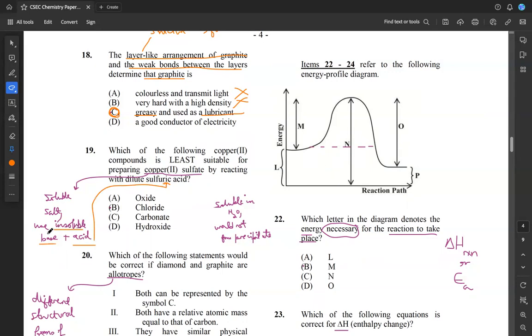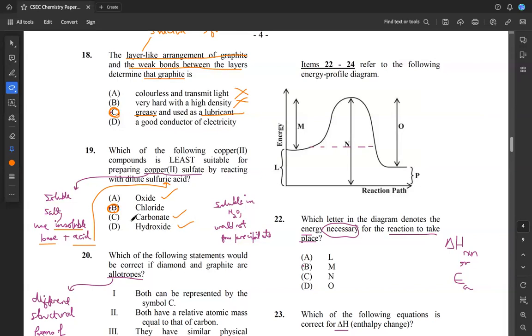So then what else would we need? An insoluble base, right? Oxide is an insoluble base, so this would be suitable to use. Chloride is not, and it's actually a soluble base, so we can't use this. Carbonates are insoluble bases, so we could use that and be okay. Hydroxide we could also use because it's an insoluble base.